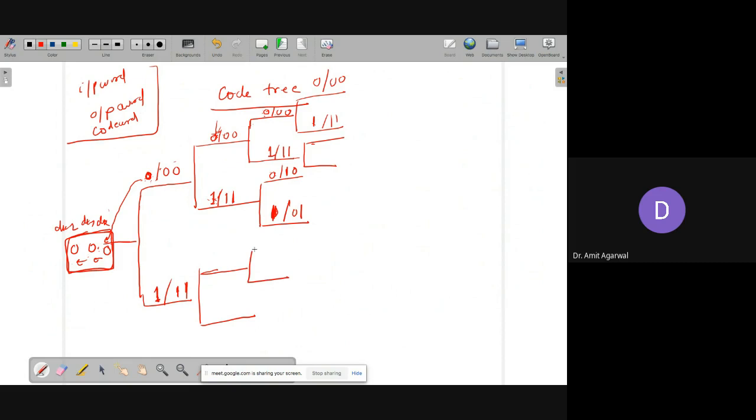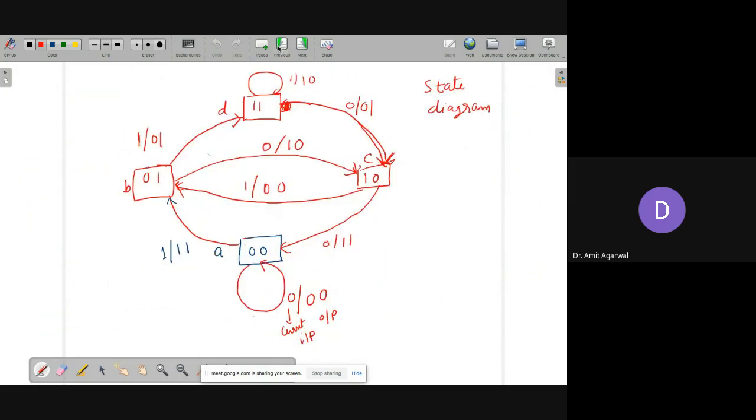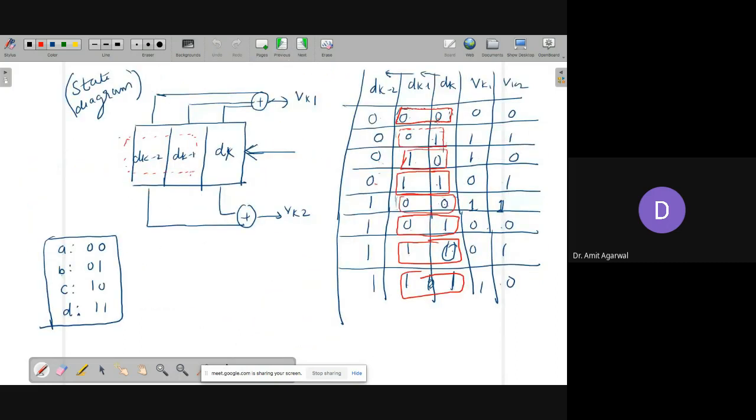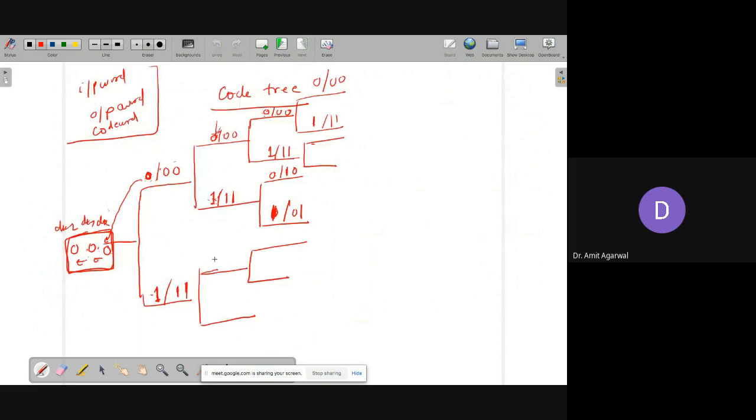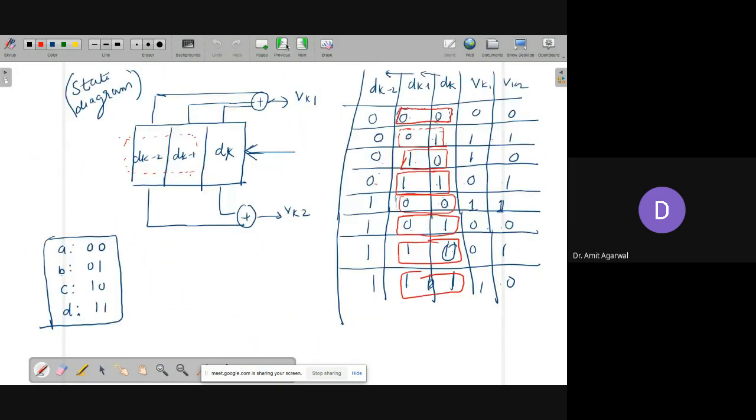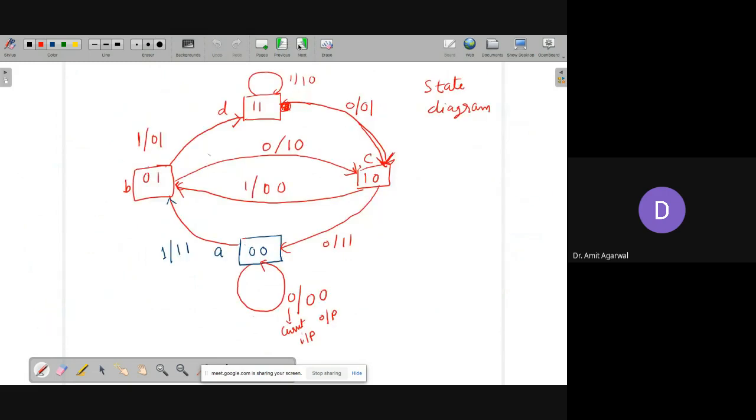Similarly, when you are in stage 1, you have written that 1, 0, 0 is 1, 1. Now you say 0, 1, 0: the output is 1, 0.